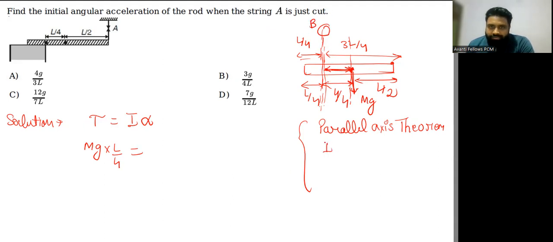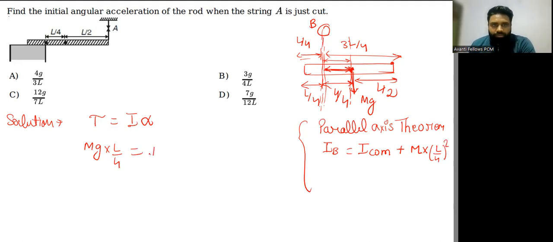So we calculate this IB, which, according to the parallel axis theorem, is the moment of inertia about the center of mass plus the mass of the system multiplied by the distance from the center of mass squared. So it is m into (L by 4) squared.